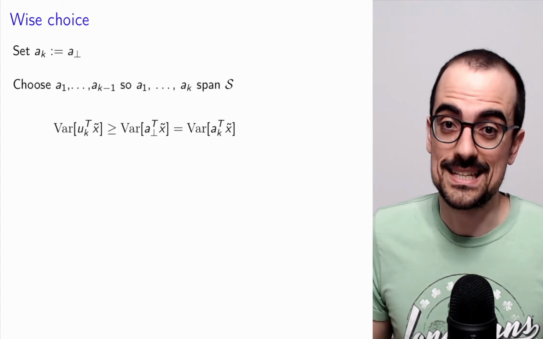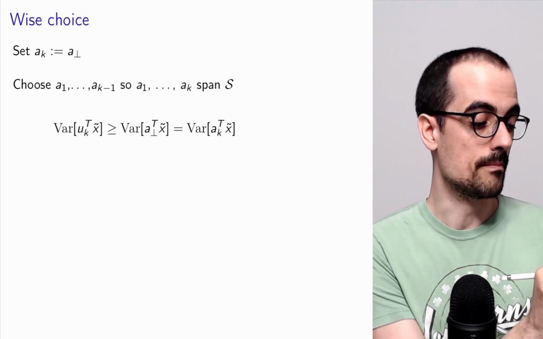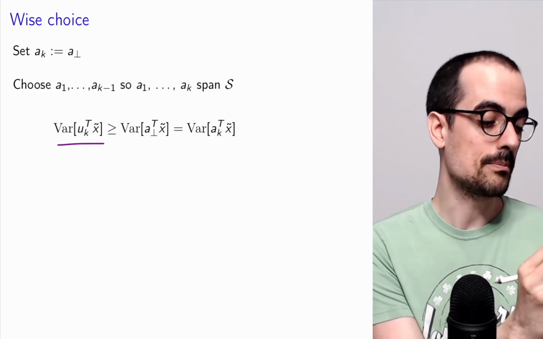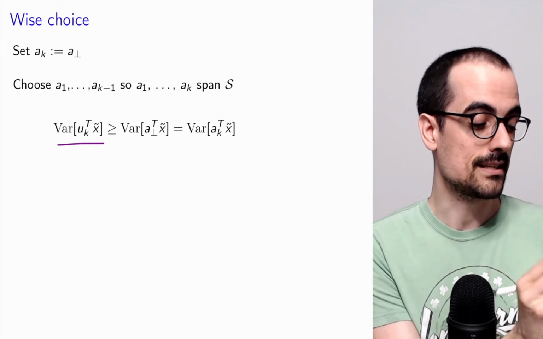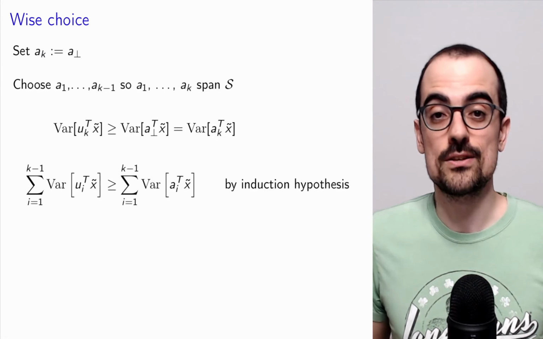Now we've done essentially all the work we needed to do, because we've shown that by the spectral theorem the kth principal direction captures at least as much variance as this a perp. And now for the rest, we can apply the hypothesis of induction.